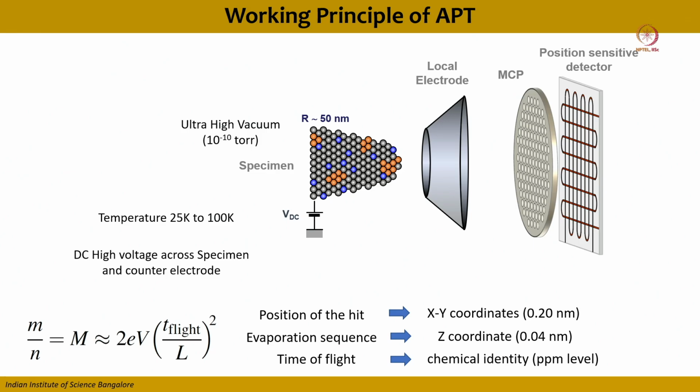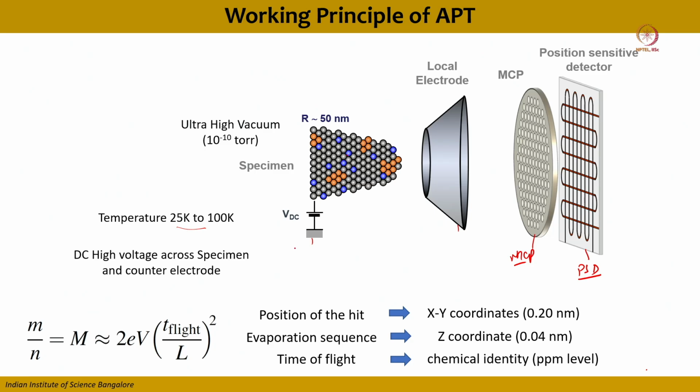You can see that in atom probe tomography there is a needle specimen, you are applying a DC voltage, and there is a local electrode. This is an MCP plate, and this is a PSD, a position sensitive detector, called a delay line detector. This chamber is kept at a very high vacuum, at a sub-zero temperature of 25 to 100 Kelvin.